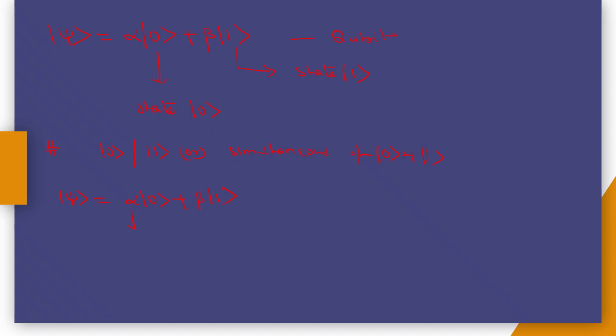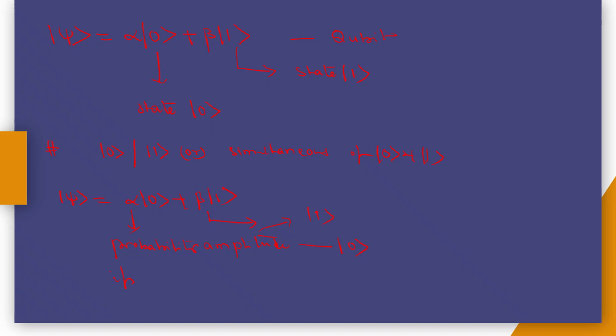Here alpha and beta are nothing but probability amplitudes. Alpha is the probability amplitude related to the state 0 and beta is the probability amplitude related to the state 1.